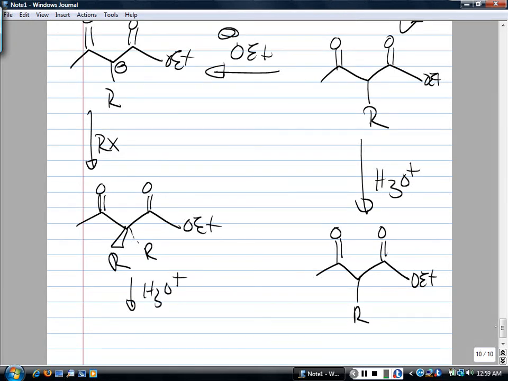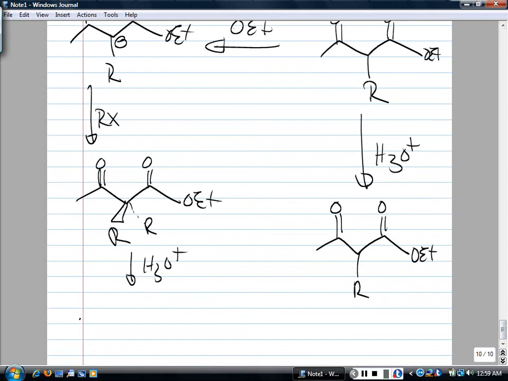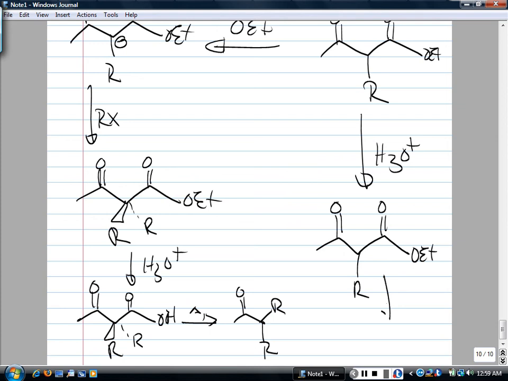The beta-keto acid, which is substituted. And you can well imagine that the next step would be to heat them. If I heat this one, what do I get? A substituted ketone. If I heat this one, what do I get?